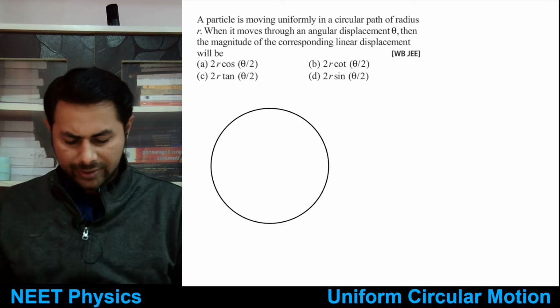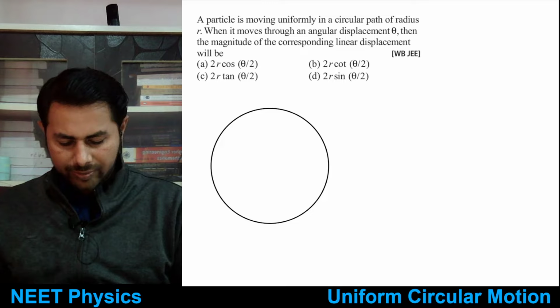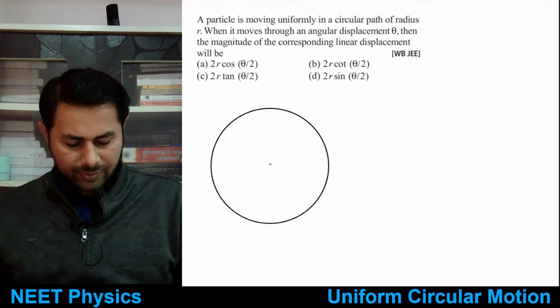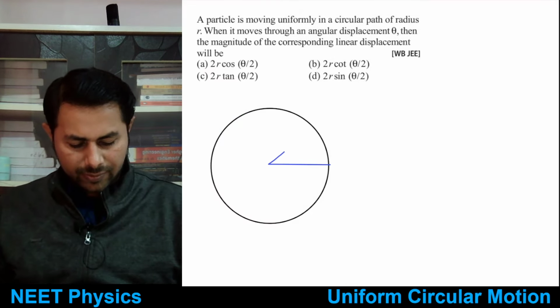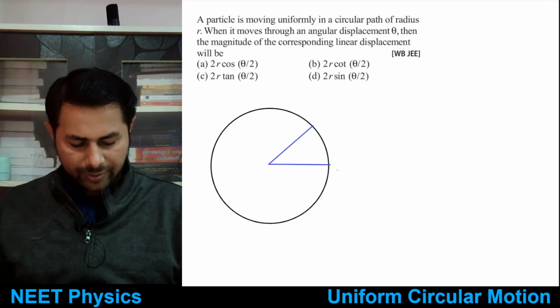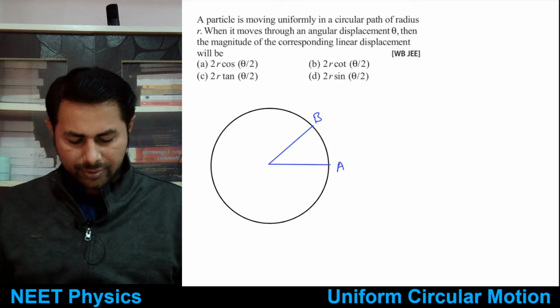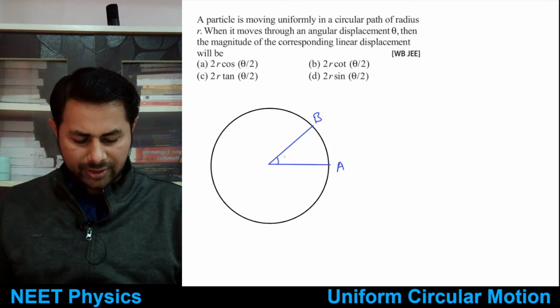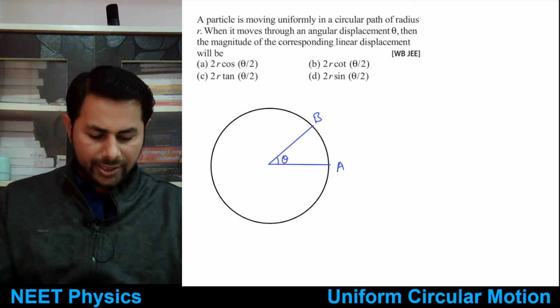Let me explain this. So see, your object is moving, suppose, from again A to B, and angular displacement is theta. So what is the linear displacement?